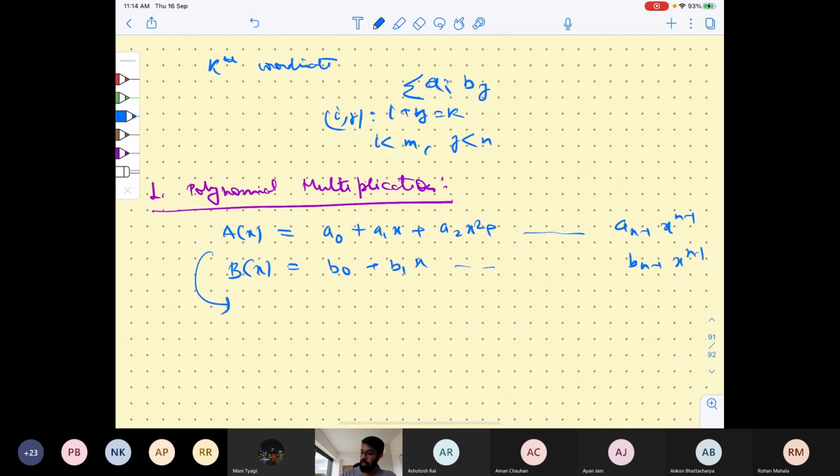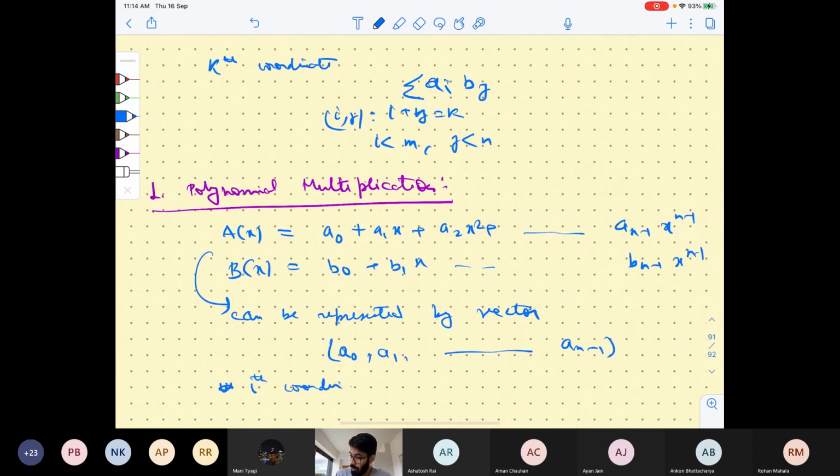So each polynomial can be represented by a vector also. Just like you take the vector a0, a1 to a(n minus 1), where the ith coordinate is the coefficient of x to the i in the polynomial.